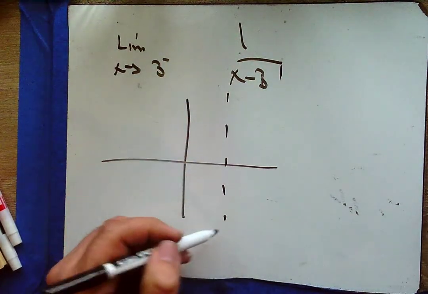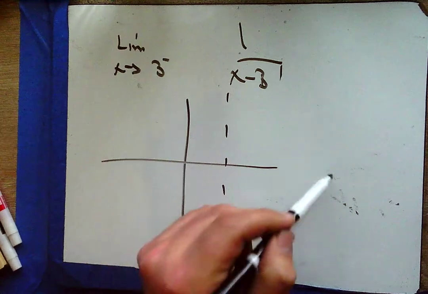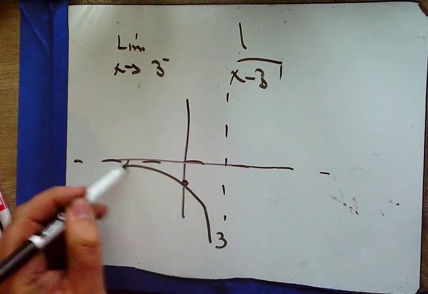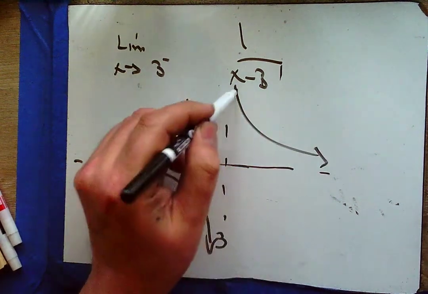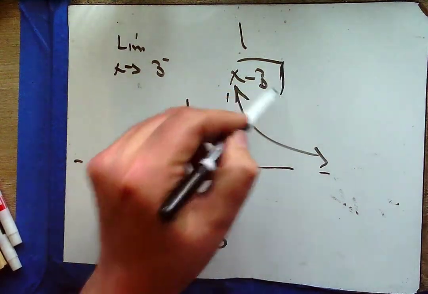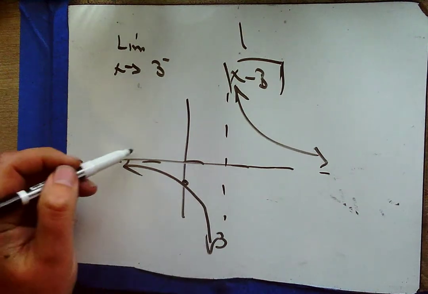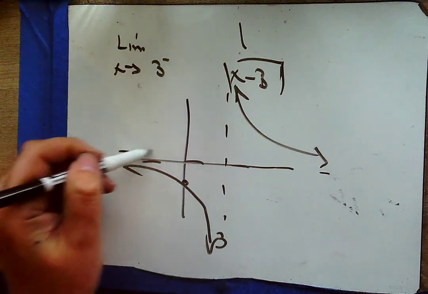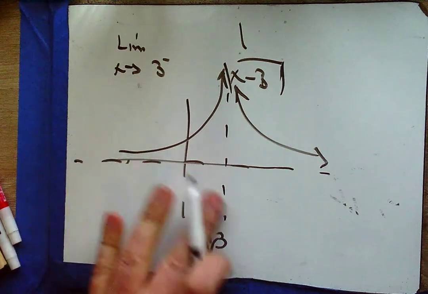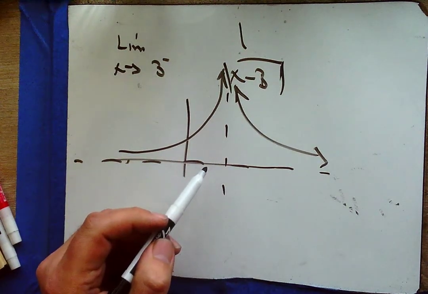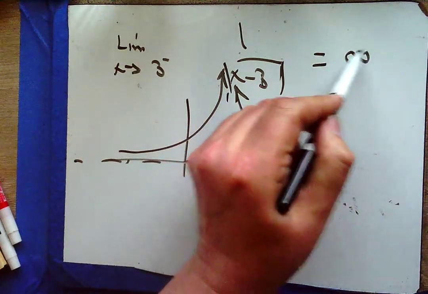It would look like this: 3, horizontal asymptote at 0, negative 1/3. And so I'd have this, and I'd have this. But if I put this in absolute value, I can't get any negative numbers out. So this is going to become this. So the limit as x approaches 3 from the negative side, I'm headed up towards infinity.